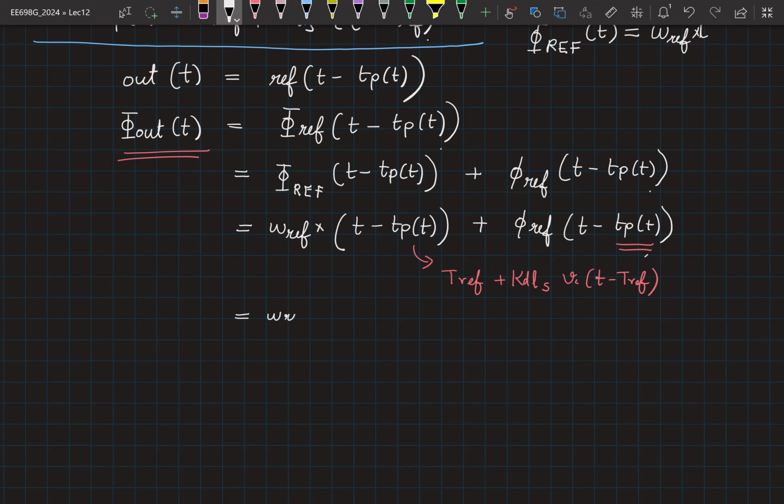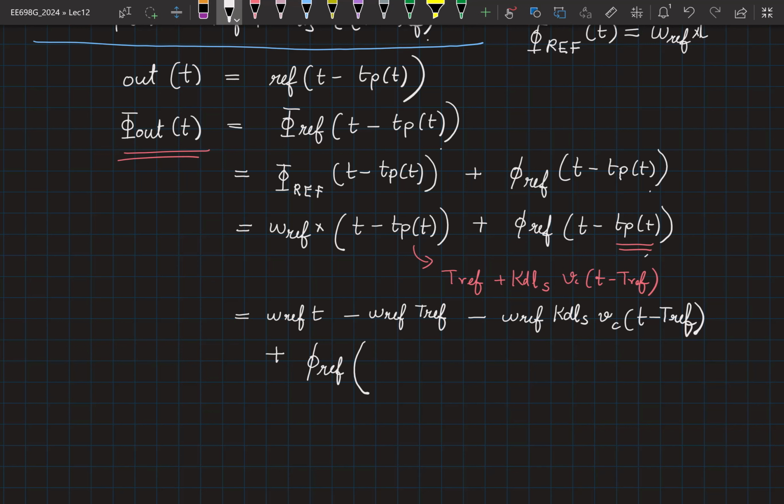So you get omega ref into t minus omega ref into Tref minus omega ref into KDL in seconds per volt into Vc of t minus Tref. This plus phi ref of the argument is t minus Tref minus KDLS into Vc into t minus Tref.